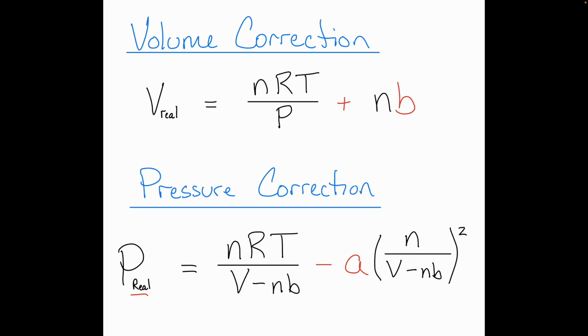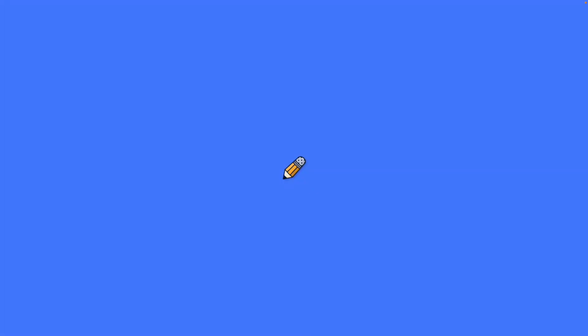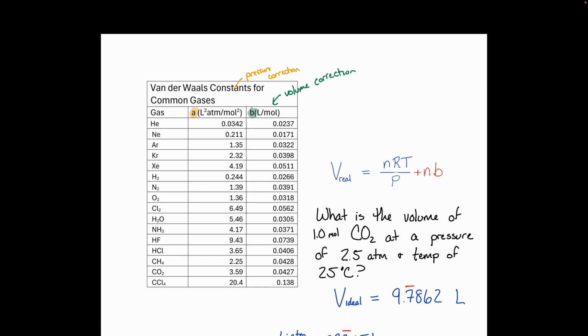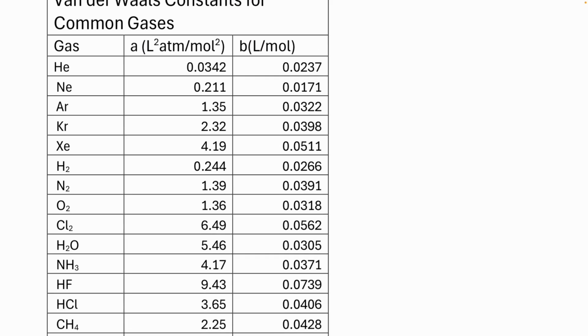So let's take a look. We said we have now these two new correction factors: b, the volume correction factor, and a, our pressure correction factor, and they depend on the identity of our gas. So we have this new table here. We can ignore all this. All right.